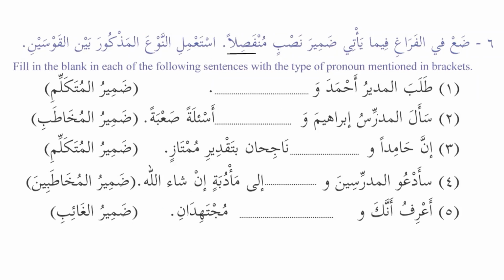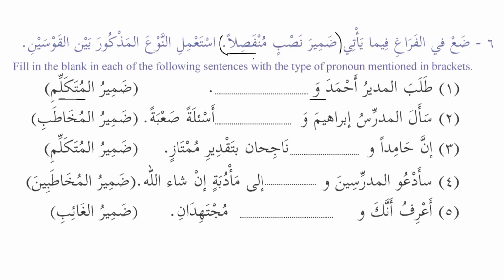So we have here طلب المدير أحمد والمتكلم. متكلم means أنا ونحن. And because here we have singular, we have to use the ضمير for singular. So طلب المدير أحمد وأنا, or yes, what should we use? ضمير نصب منفصلا.